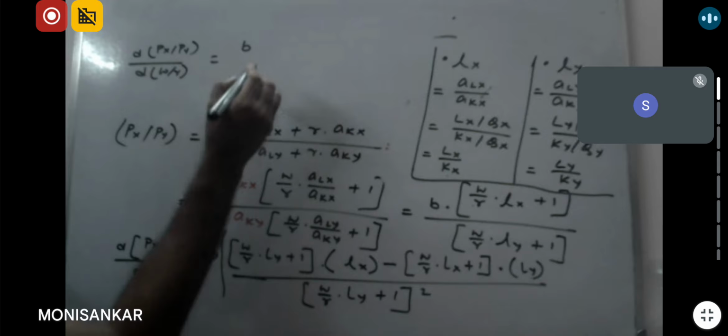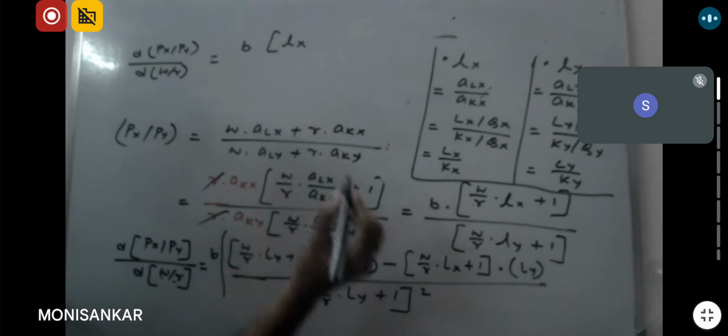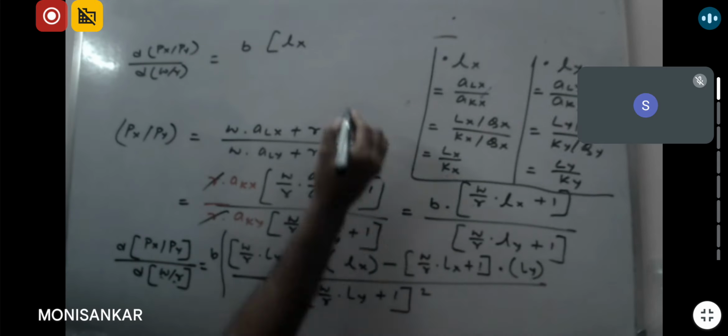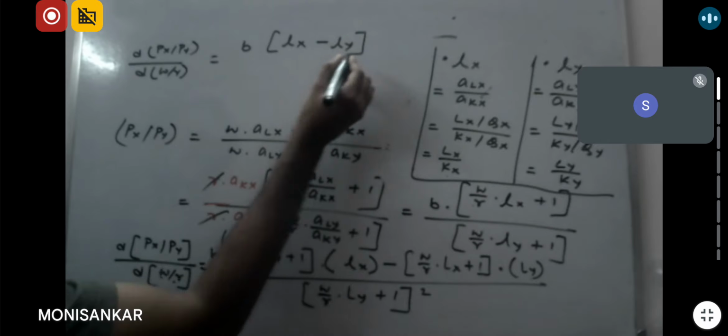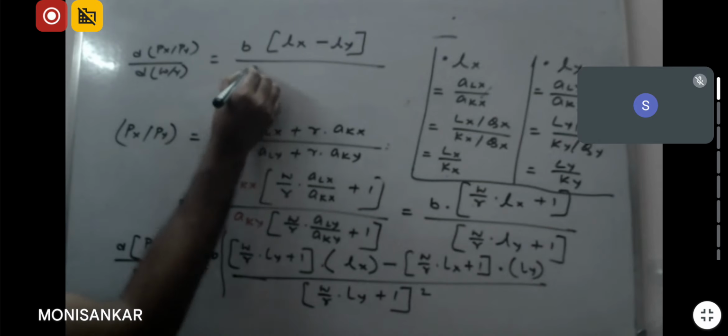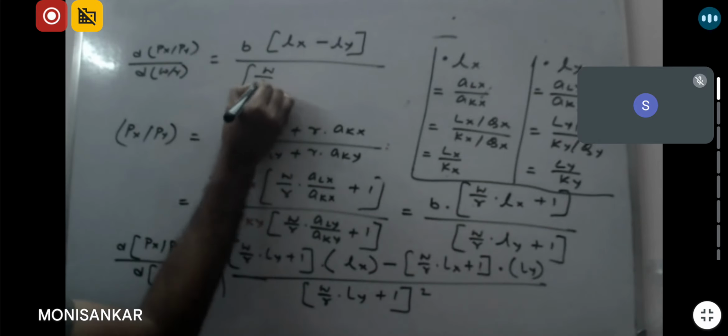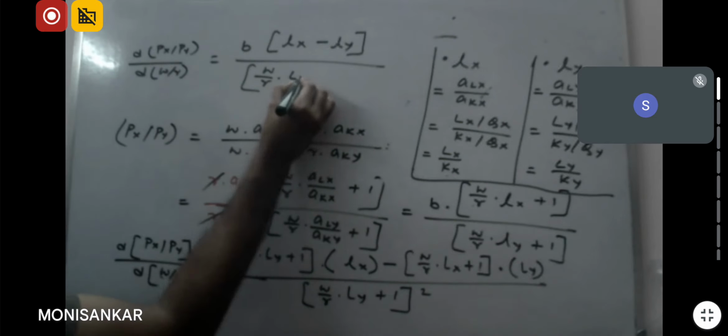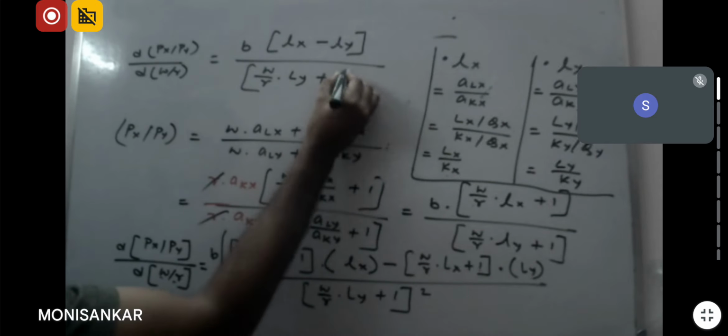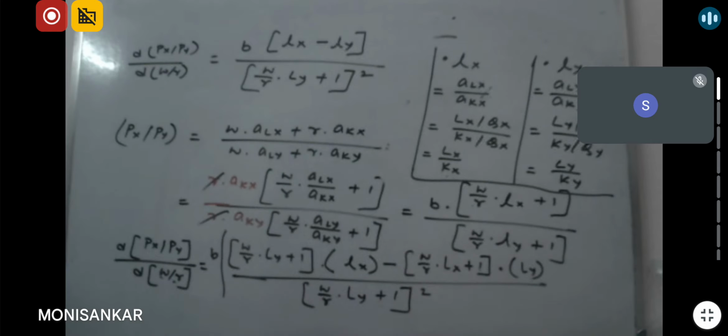Only Lx into 1, the Lx term is there, minus Ly into 1, only the Ly term is there, by w by r into Ly plus 1 square. So derive up to this first, then complete.